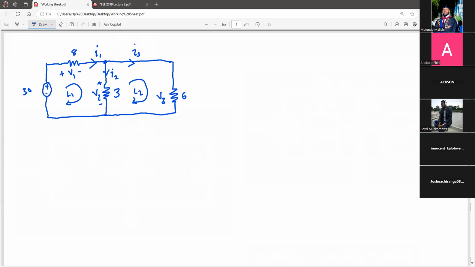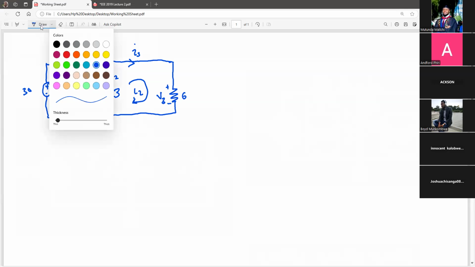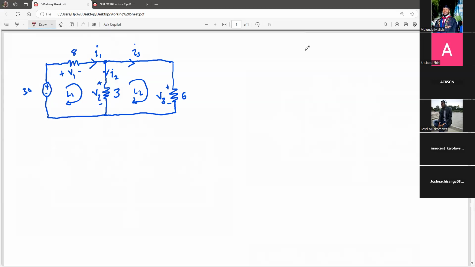At a certain junction we have the current I1 going in. At that node we can write the KCL.